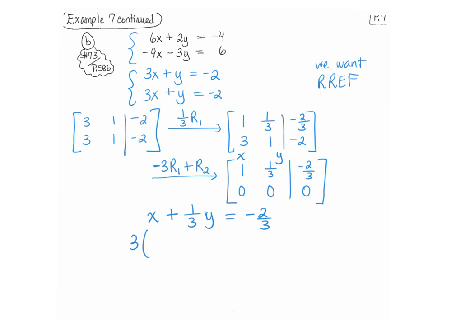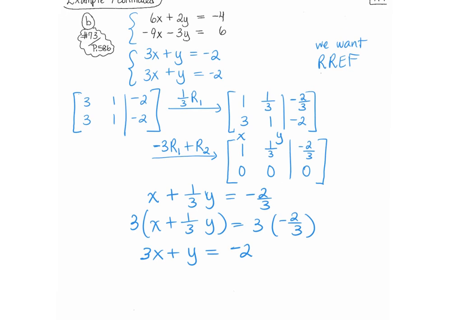So that's going to give us 3 times the quantity X plus 1/3 Y equals 3 times -2/3. So that gives us 3X plus Y equals what? Negative 2, good.